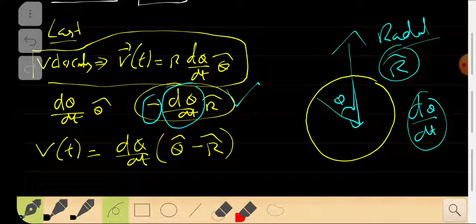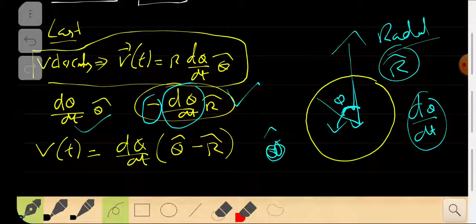For the other case, if d theta by dt is higher, the rate of change of theta is higher, it is rotating faster, then in the theta cap direction, the angular direction, the velocity component will be much higher, whereas in the r cap direction it is quite the opposite. That is physically understanding that equation.